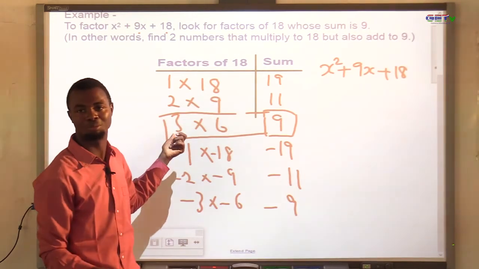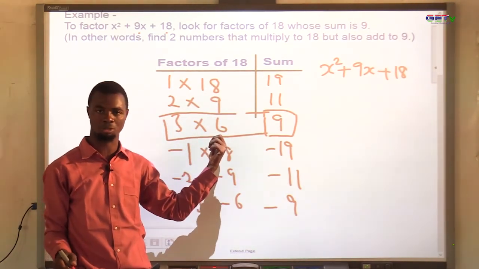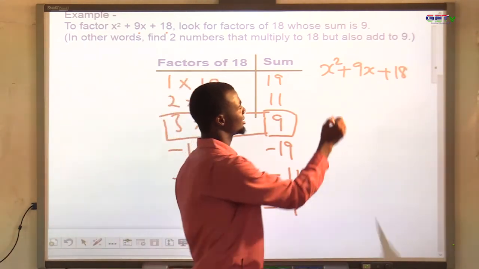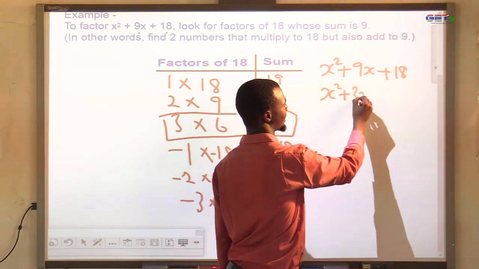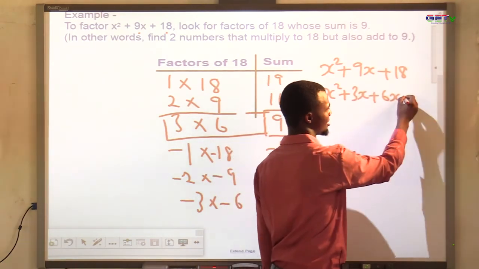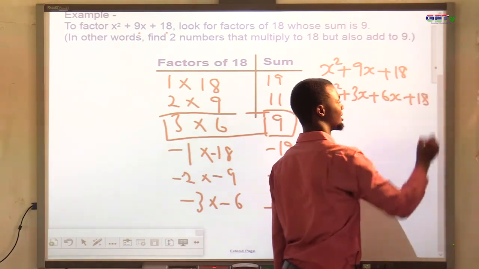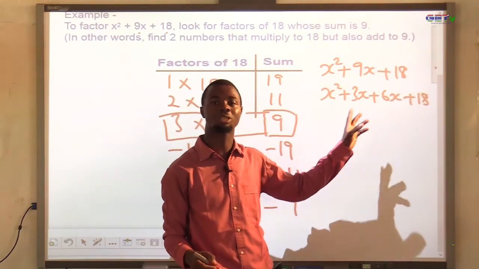What is the sign of 3? It is positive, and the sign of 6 is also positive. So we will have x squared plus 3x plus 6x. Then you have plus 18. Now we have a 4-term expression.